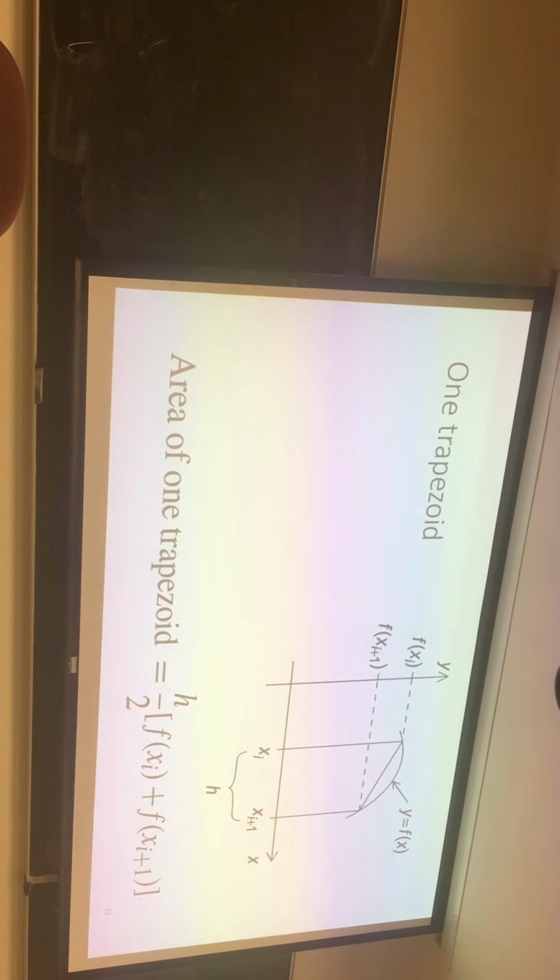So this is the first endpoint. For the next endpoint, you can calculate the height of these two endpoints by calling this function f here. And you would also know the height of this trapezoid, that's h. Then you can calculate this one trapezoid using this formula. You just need to call the function twice, add them up, and then multiply by half of the width.